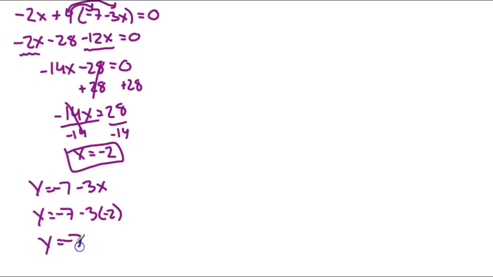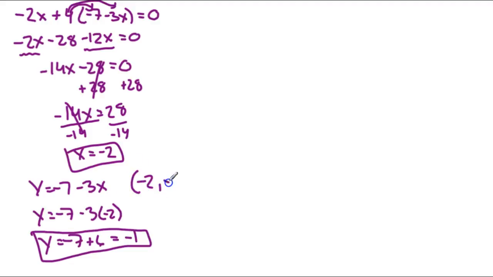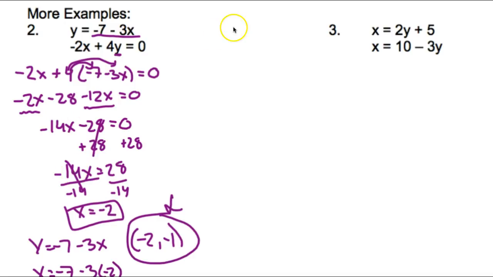Y equals negative 7, negative 3 times negative 2 is a plus 6, and that equals negative 1. So y equals negative 1, x equals negative 2. Here is your answer. X, negative 2, y, negative 1. There's your answer.